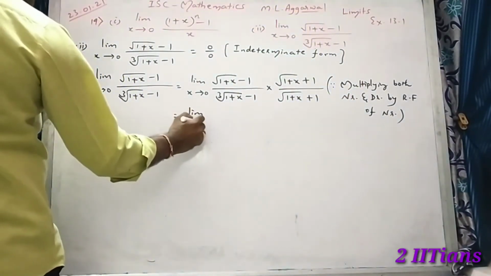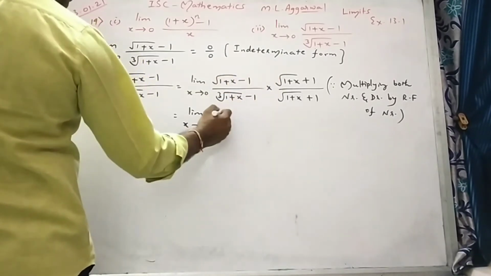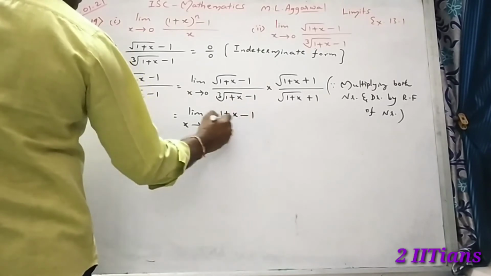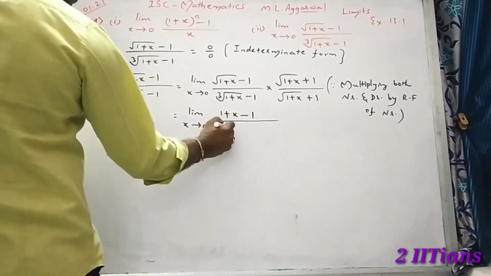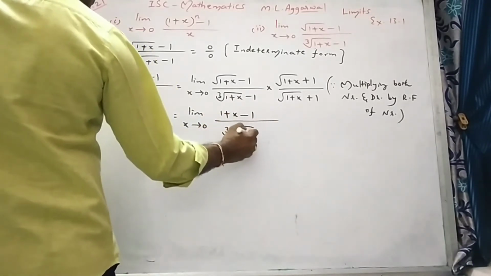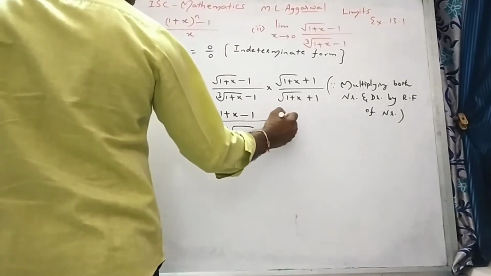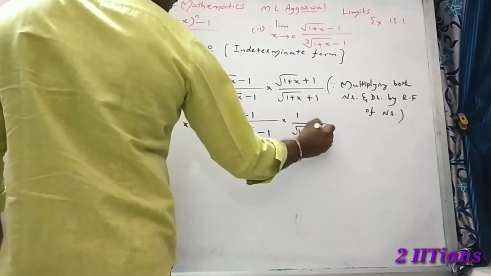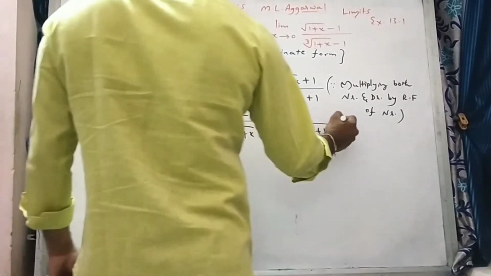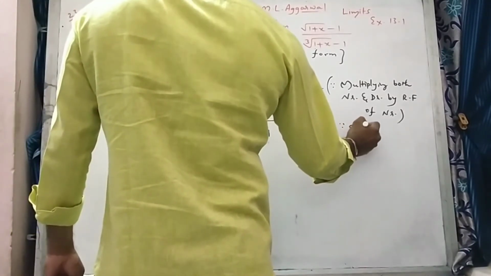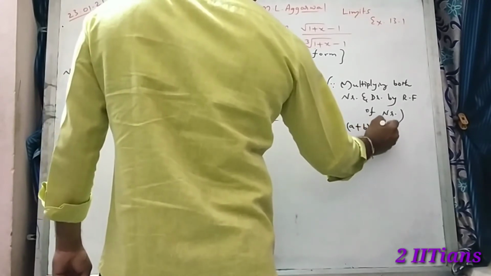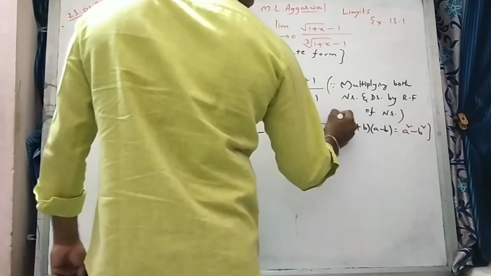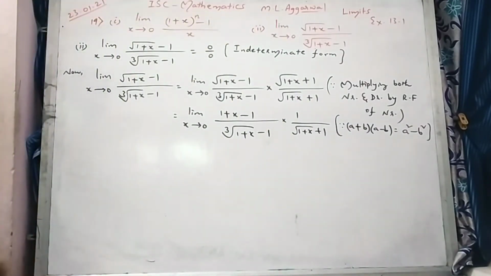Yesterday in the previous class we did this: (a plus b) into (a minus b) equals a square minus b square, upon cube root of 1 plus x minus 1 into 1 by (square root of 1 plus x plus 1) as it is. So what formula did I use? (a plus b) into (a minus b) equal to a square minus b square. That is the formula.